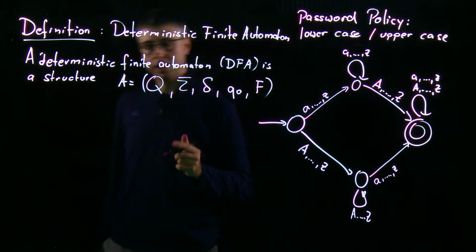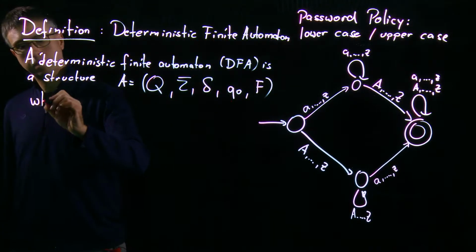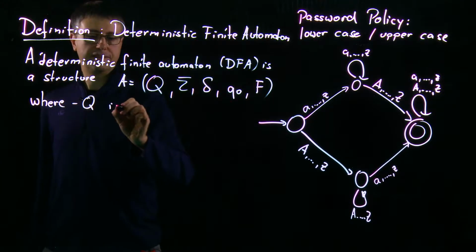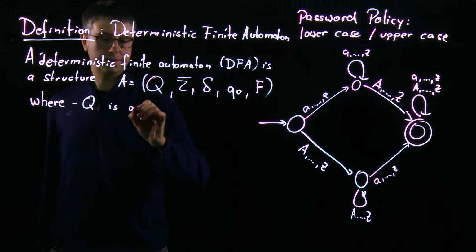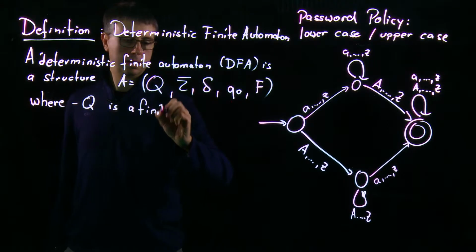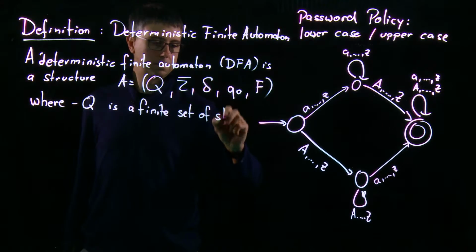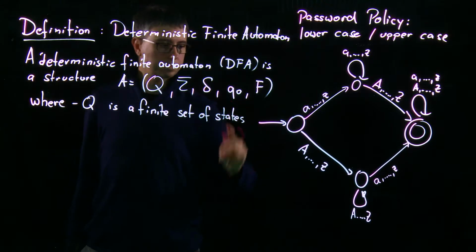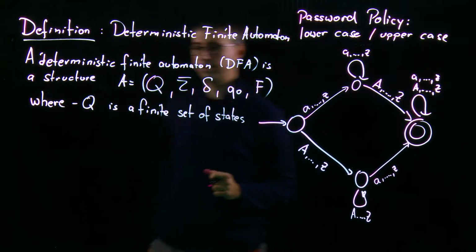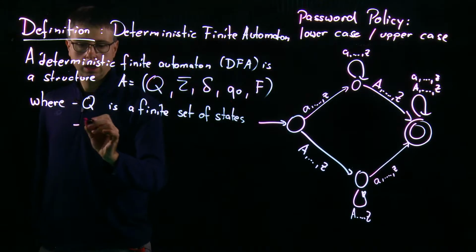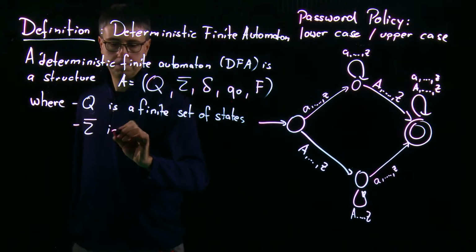So this is a structure, where Q is a finite set of states. These states here, a finite set of states, here we have 4, a finite number. We have an alphabet.